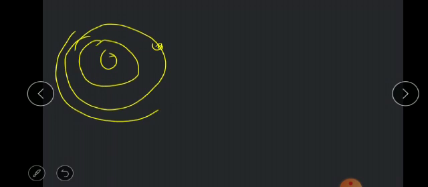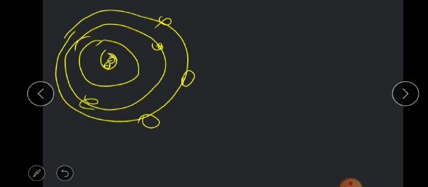In this multi-electron atom there are more electrons, with the nucleus at the center. It means two forces are exerted. What are the two forces?